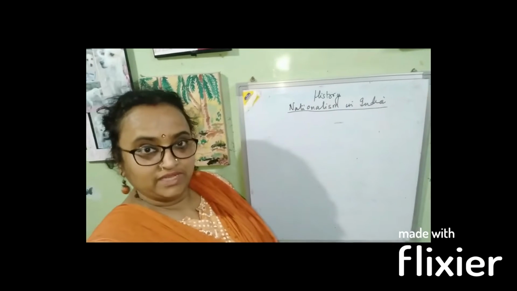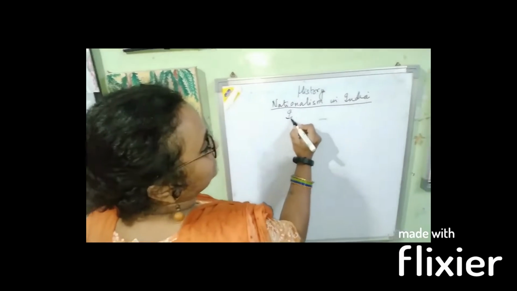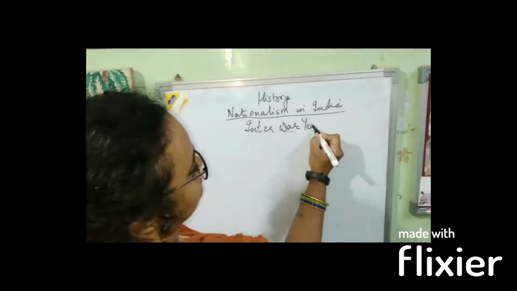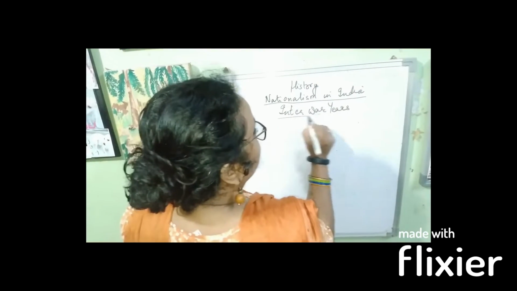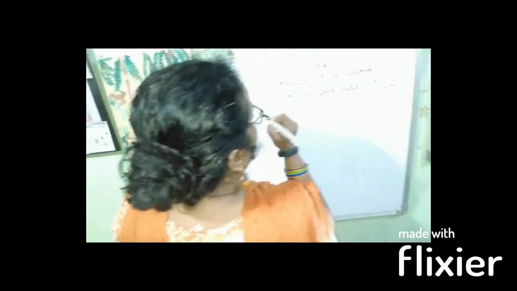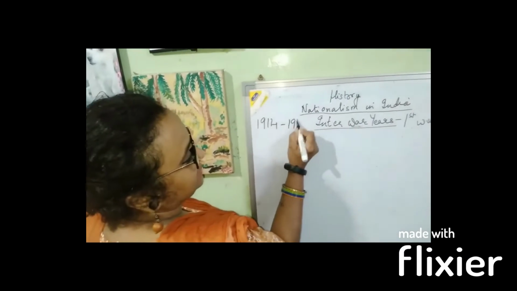Today we are going to continue with the chapter Nationalism in India, and we are going to talk of interwar years. We are talking of the First World War, and the years are 1914 to 1918.